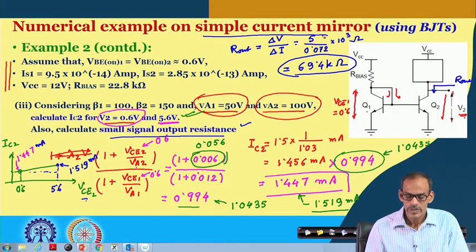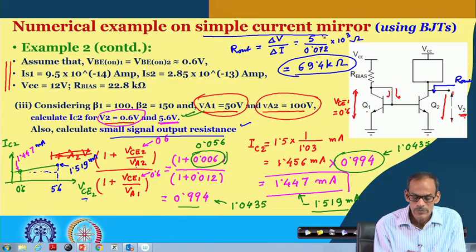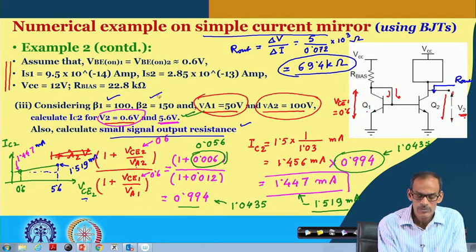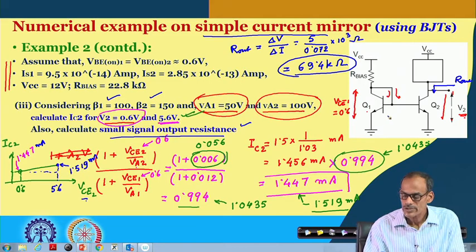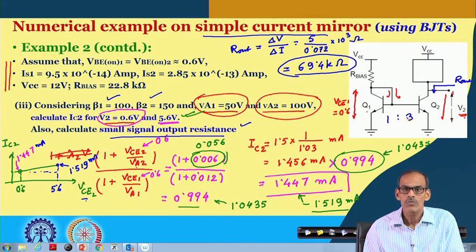As you can see here, if I consider finite values of betas and the early voltage, the ratio instead of 1:3 becomes slightly different. There may be precision applications where this much difference is still not acceptable, and then we can go for betterment of the circuit.